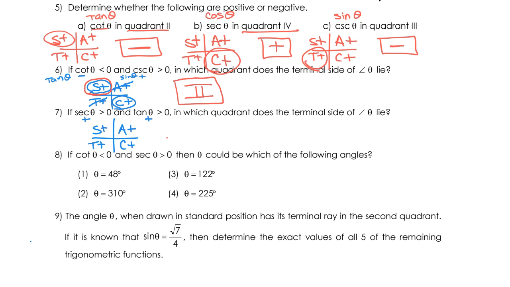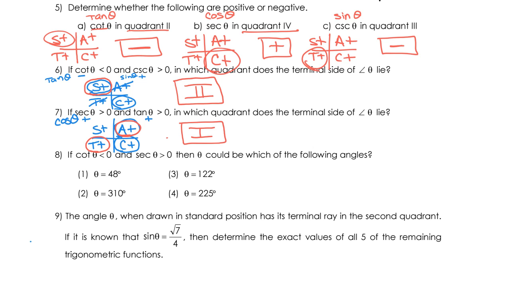So we'll think not about secant, but its reciprocal, which is cosine. So where's cosine theta positive? Well, they're all positive here, and cosine theta is positive in here. Then they're also asking about tangent theta being positive, and tangent theta is positive here and here. And so you can see quadrant 1 is where both of those things happen.